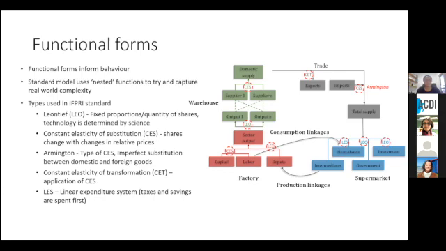And then the CET is also an application of the CES, and it's used to govern how much of domestic goods and services are exported versus how much we consume domestically based on the relative prices of the two. Lastly, for households, a linear expenditure system, which is derived from the Stone-Geary utility function, is used to govern household consumption in the standard IFPRI model.